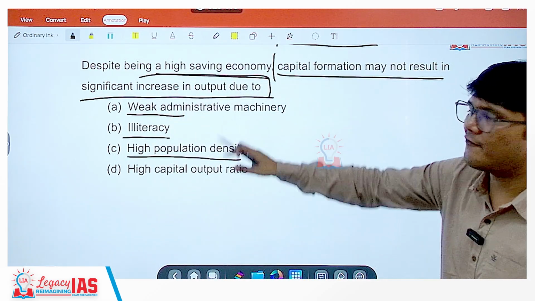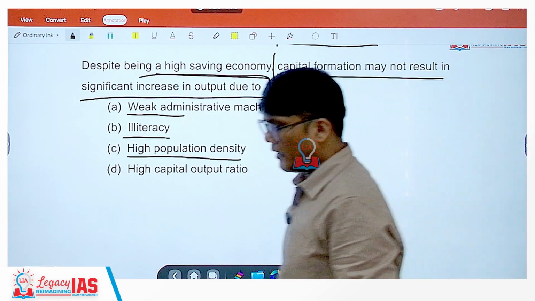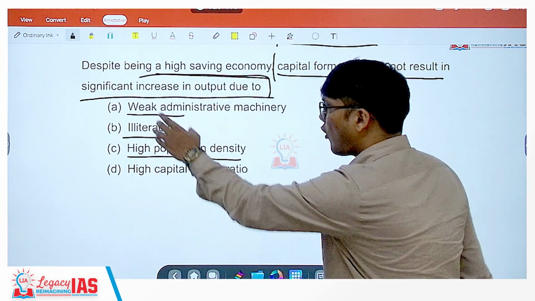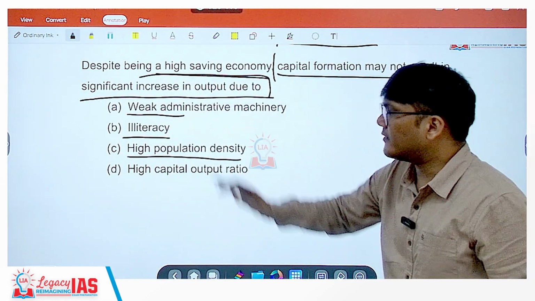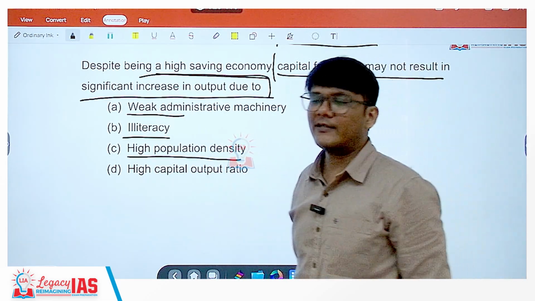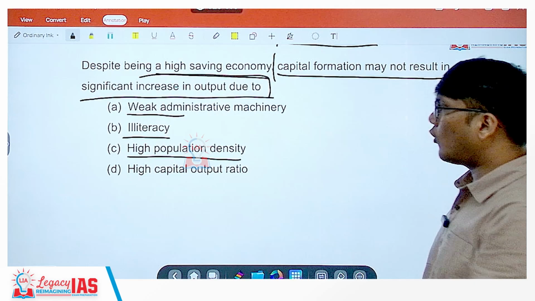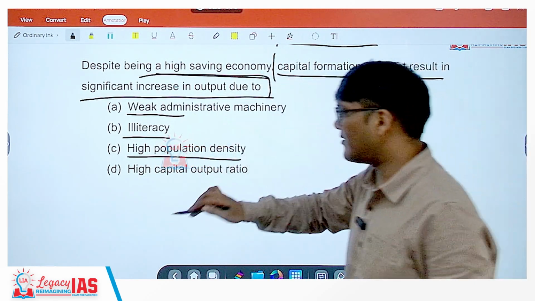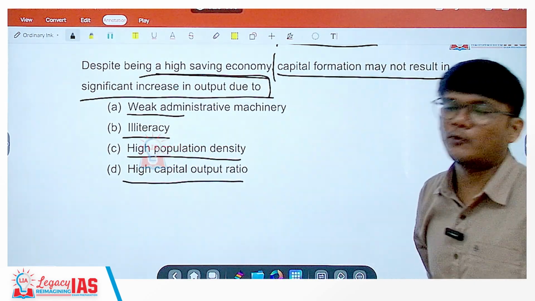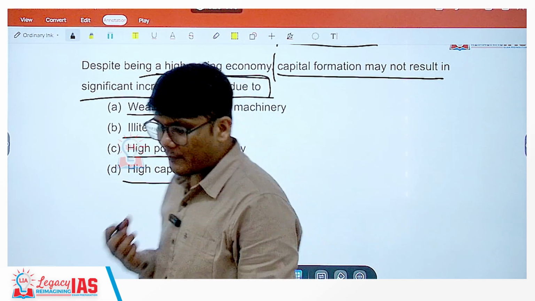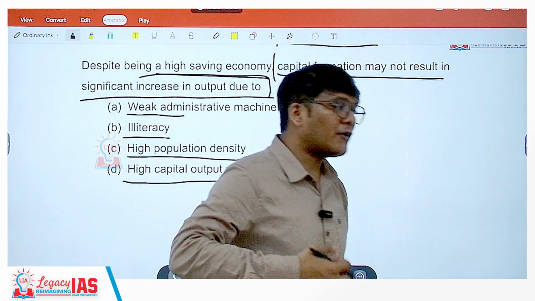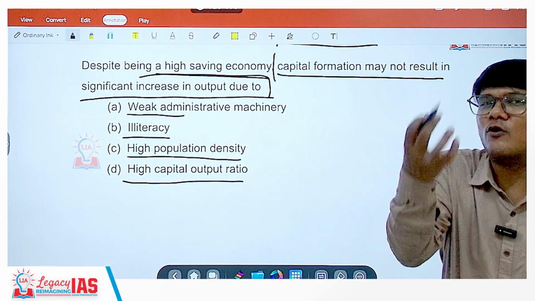Now if these were the reasons, just imagine, these options are similar: illiteracy, high population density. So all of them cannot be correct at once. Also, this is nothing but the classical definition of high capital output ratio. What is high capital output ratio? You require a lot of capital just for a small amount of output.